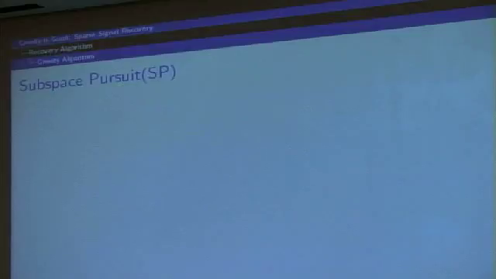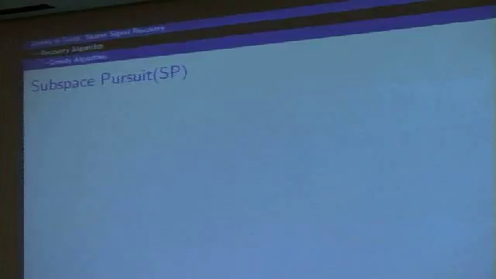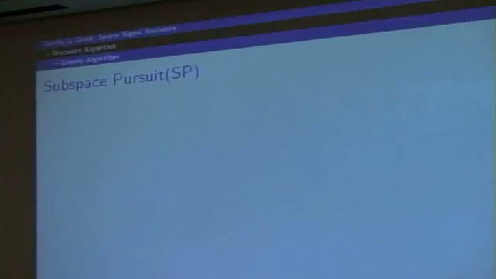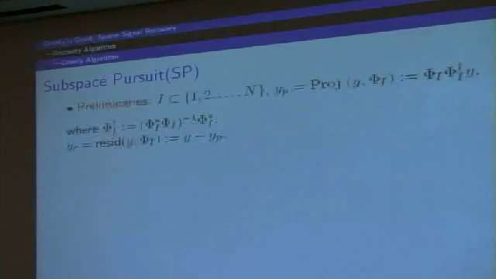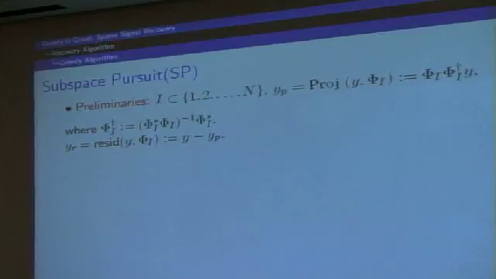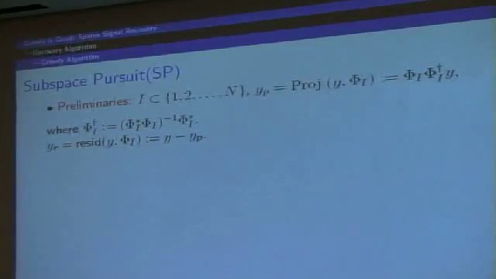And we come to the greedy point, and we have some greedy algorithms. One of them is called subspace pursuit. How can we do this? First, we have some preliminaries. This I is a subset of the set of all indices from 1 to n, and phi I is where we pick the indices from this subset I and only pick those columns, and that gives us a submatrix of phi.